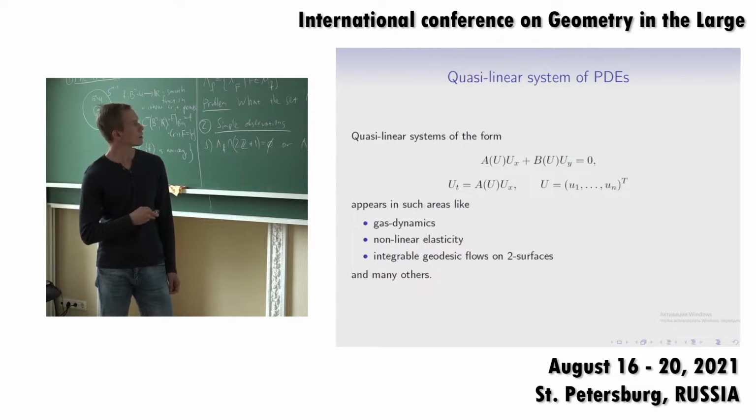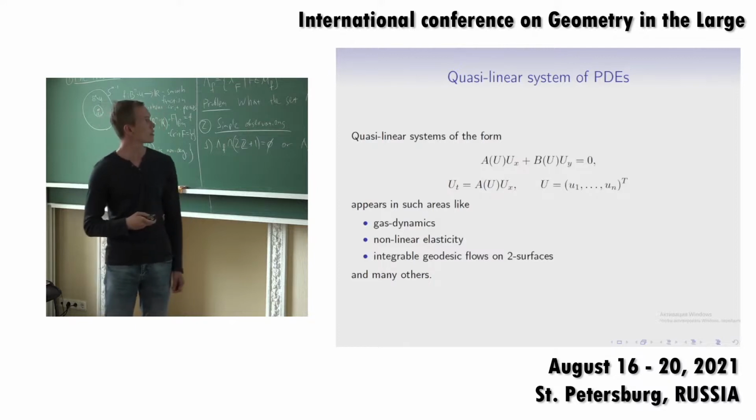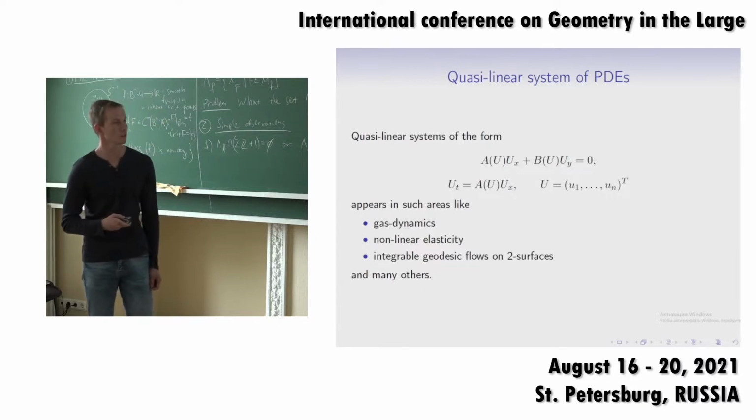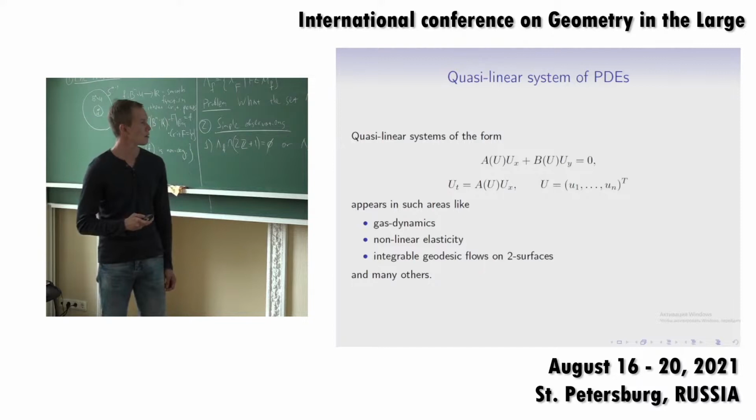And matrices A and B depend on the unknown functions U, but do not depend on their derivatives. Such quasi-linear systems of PDEs appear in many areas of mathematical physics, for example, gas dynamics and many others.